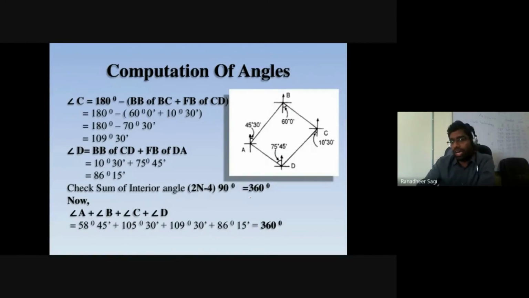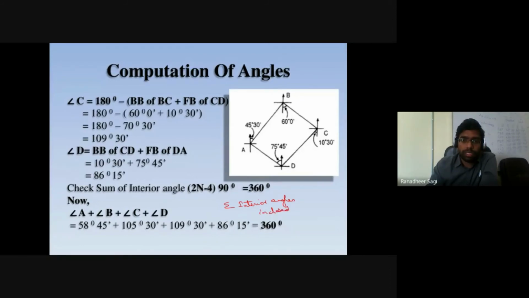In case you have any doubt whether the interior angles you have calculated are correct or not: in case of a closed traverse, I repeat, in case of a closed traverse, we have already seen that the sum of all the interior angles is equal to (n minus 2) into 180 degrees.